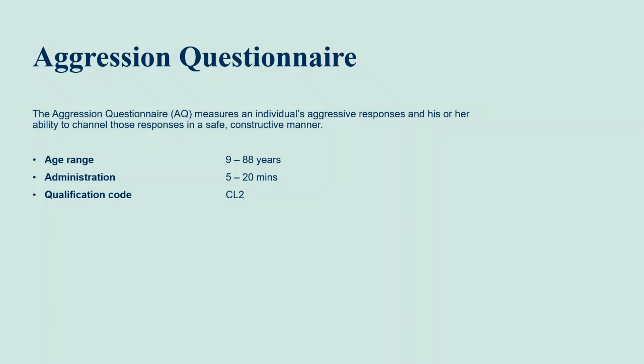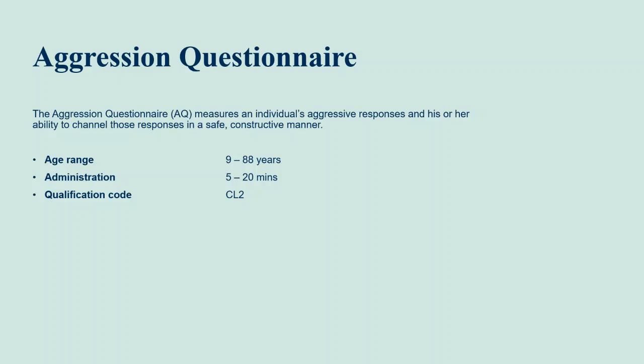Next, we have the aggression questionnaire. This is used to screen children or adults for aggressive tendencies. It's a self-report inventory. It measures an individual's aggressive responses and his or her ability to channel those responses in a safe, constructive manner.